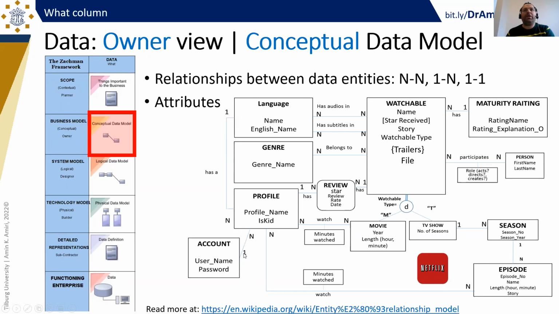You see this is one here. Or you would say that a TV show can only have one maturity rating, like R, 13 plus, 18 plus, or 16 plus. But a maturity rating can have many associated movies.